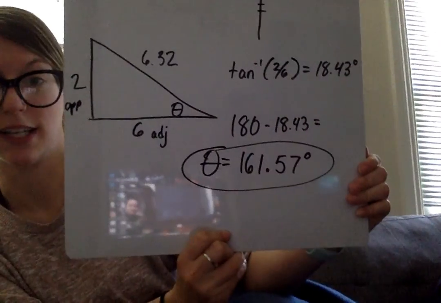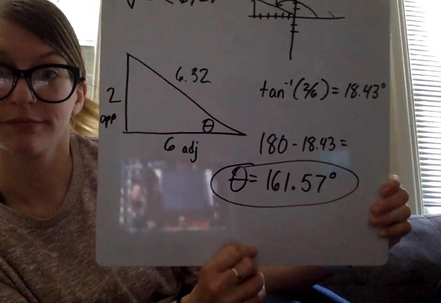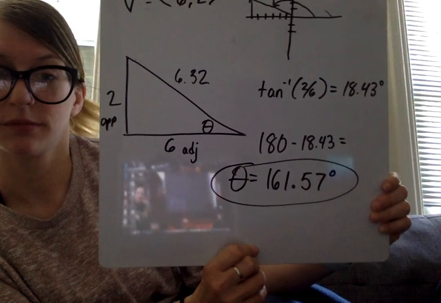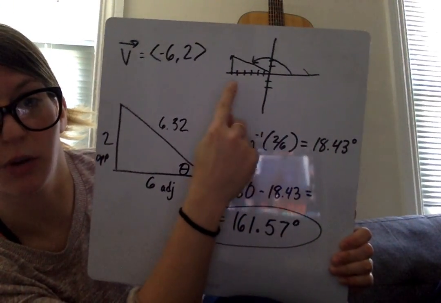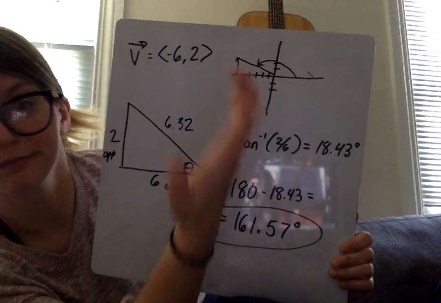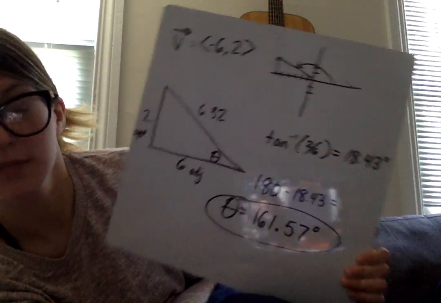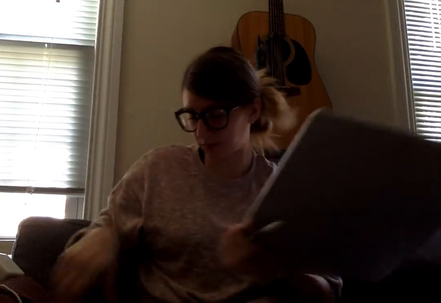This is my direction. Cool. So we were subtracting it from 180 because that's a straight angle and I'm removing theta. Easy as that. So that's the second quadrant.